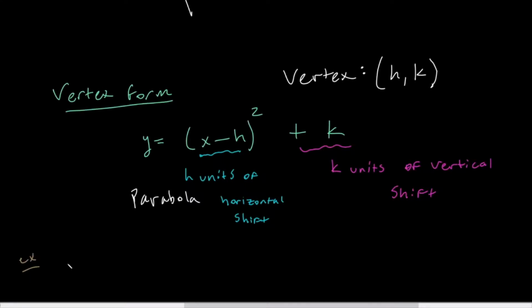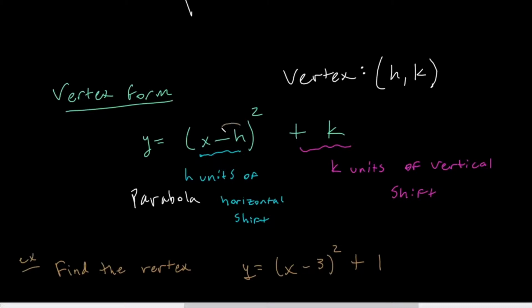Say we are given something to find the vertex. And our equation is y equals (x minus 3) squared plus 1. So this is in the form (x minus h) squared plus k, and the vertex will be at h comma k.